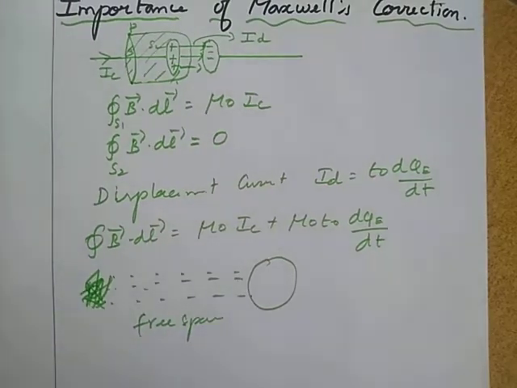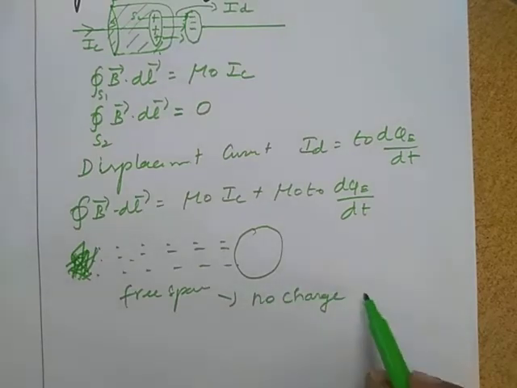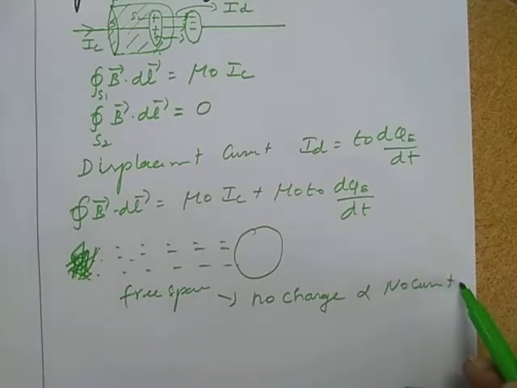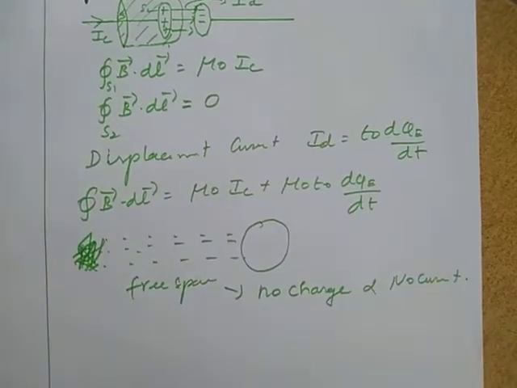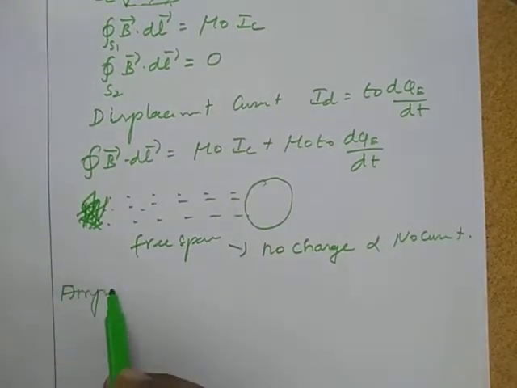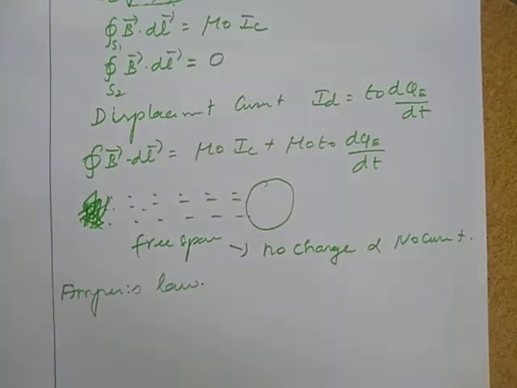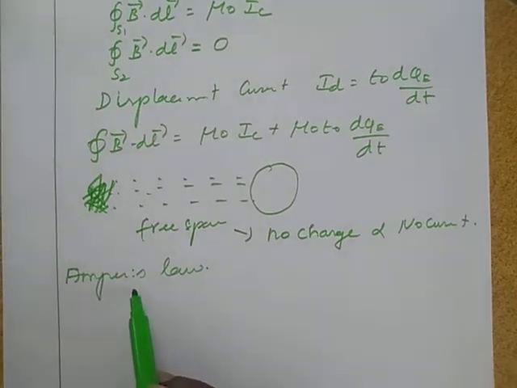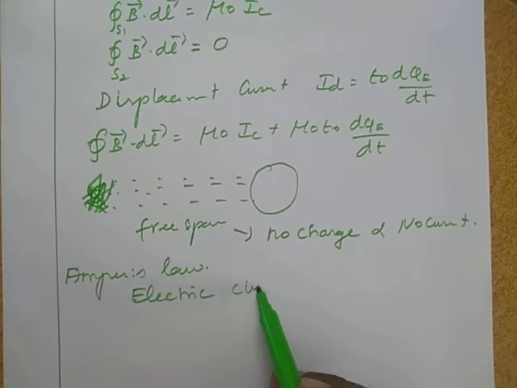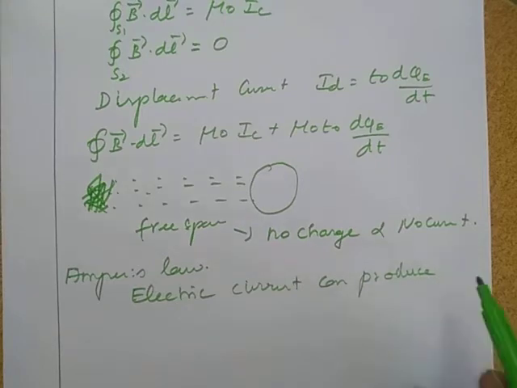In that free space there is no charge, and hence there is no current. From Ampere law we know very well that only electric current can produce magnetic field.